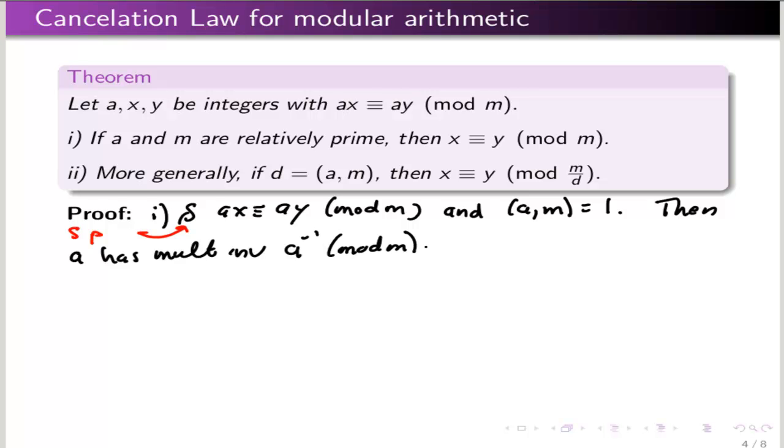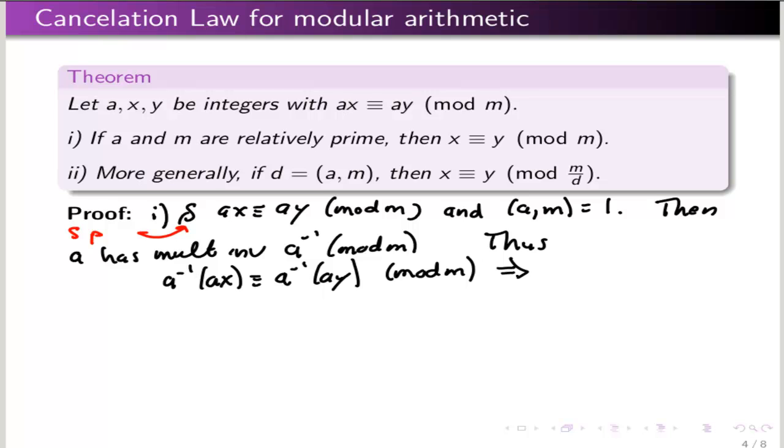And so I just take that equation and multiply both sides by a inverse. So a inverse ax is congruent to a inverse ay. And then after using the associative law and the definition of multiplicative inverse, we get x is congruent to y mod m.